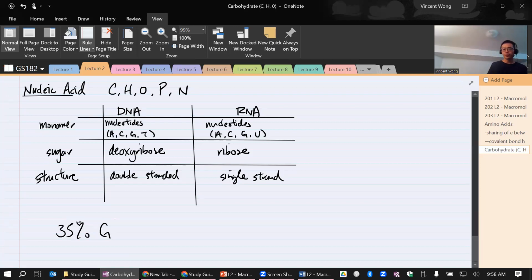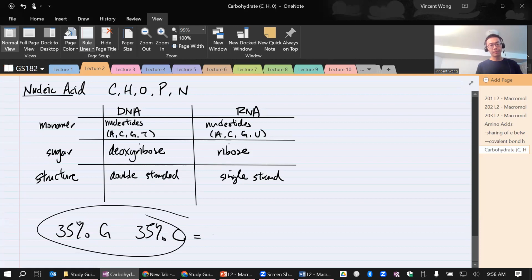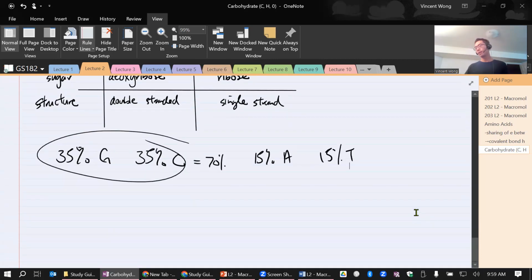Okay, that's correct. Thank you. Anyone else? So hopefully you're like, G and C go together, 35 and 35. Together they make up 70. So the remaining is 30%, so 30% A and T together, which means it's 15 A and 15 T. That's pretty much it.